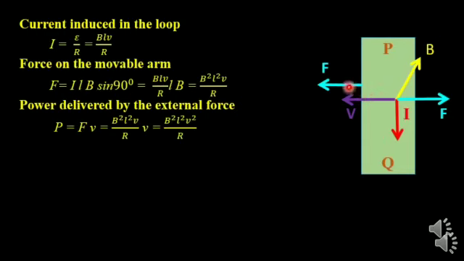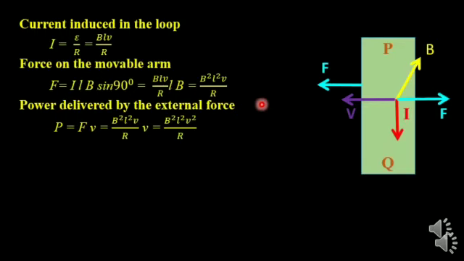The applied force should be equal in magnitude and opposite in direction to the magnetic Lorentz force. Thus, the power required to push the arm PQ along the rails is given by the relation P equals Fv.